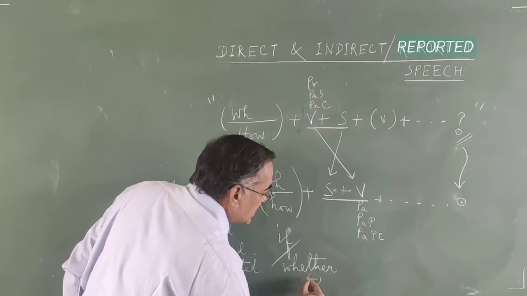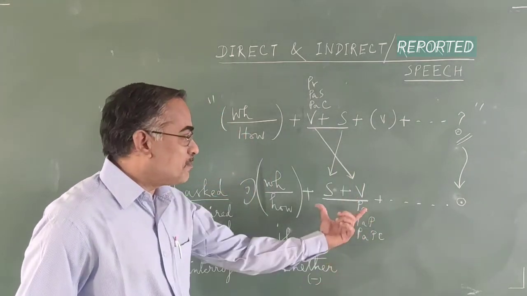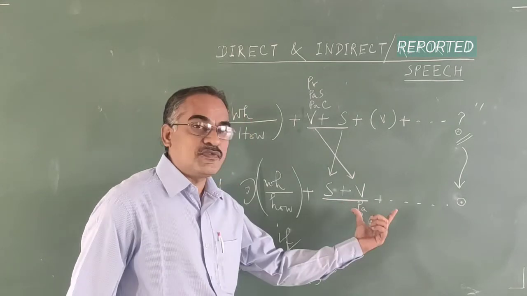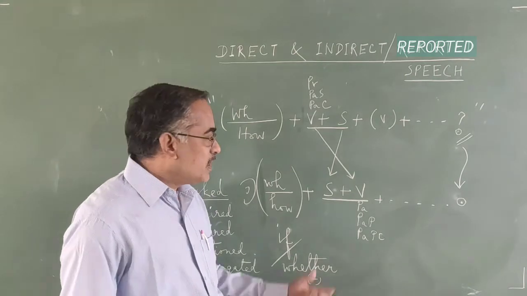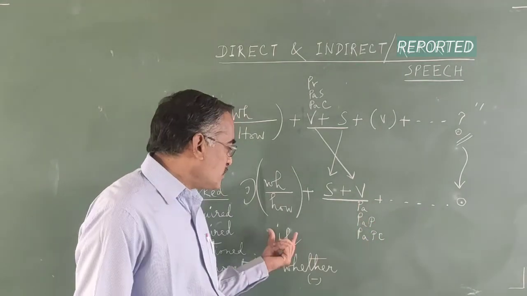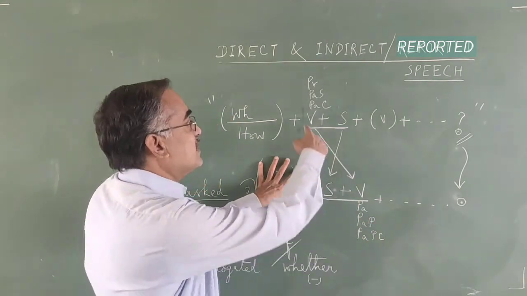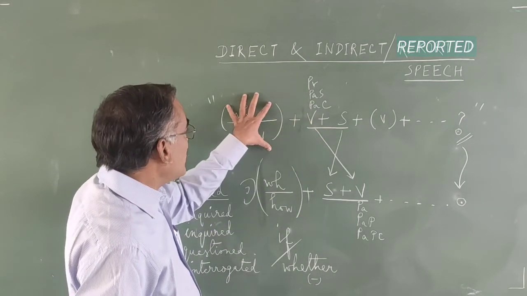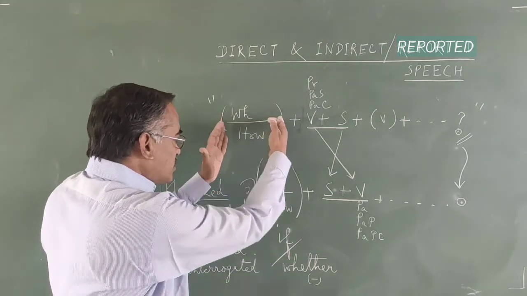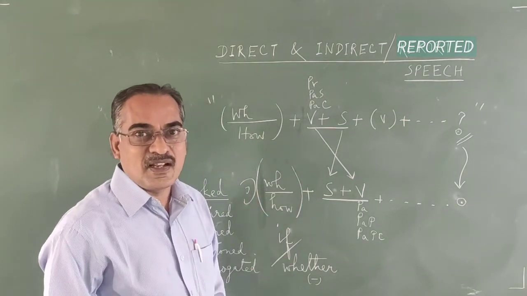Whether is used for negative expression here. If it is a negative question, we use whether. If not is not there, we use if. When it is a yes or no type question that begins with a verb. But before the verb, if you find these words, no problem, you can just use them as they are, as conjunction here.